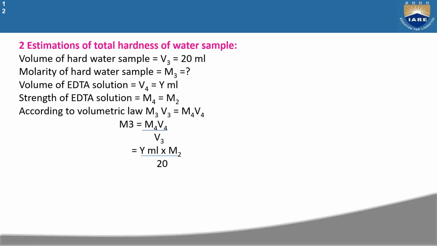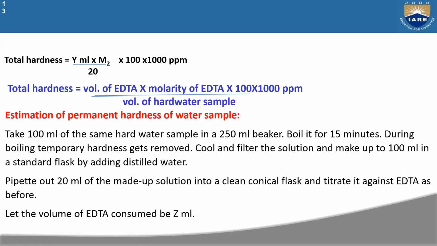According to the volumetric law, M3 V3 is equal to M4 V4. So we have to find out the M3 value. The formula is M3 is equal to M4 into V4 by V3, which is equal to y ml into M2 by 20.